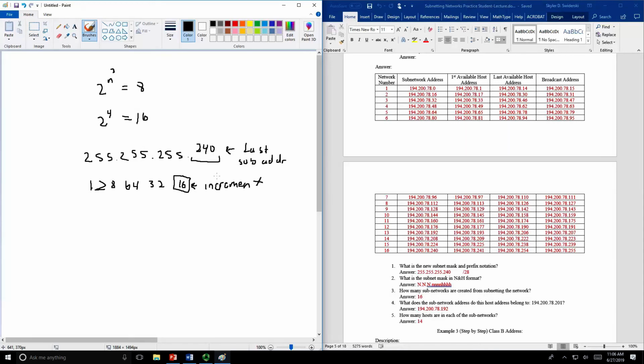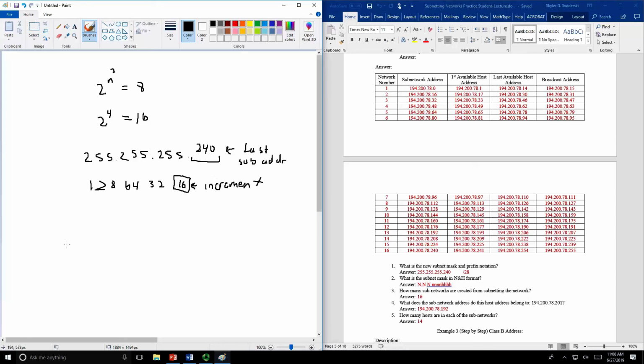The answers to the questions, well, again, since we had to take 4 bits, our subnet mask was .240, which is equivalent to /28, because remember, our base subnet mask was 255.255.255, which is equivalent to /24, right? Because 24 bits are network. We simply added 4 more network bits to it, so it's /28.